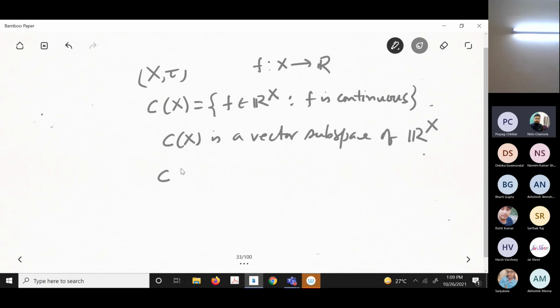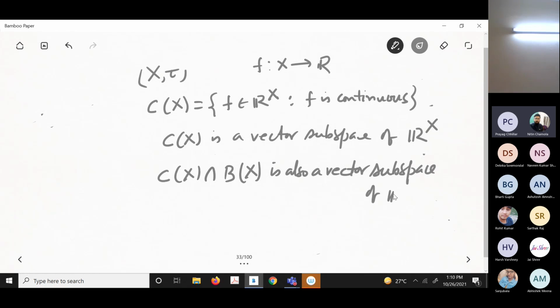So C(X) intersection B(X) is also a vector subspace of R to the power X.